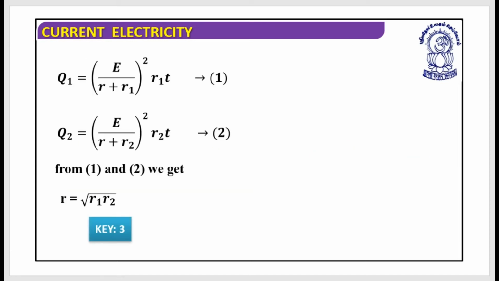So how could I do this? Let's have a look. I can be written as E divided by R plus R1, and in the second case I is equal to E divided by R plus R2. So Q1 is equal to E divided by R plus R1, whole square, multiplied by R1 t, and Q2 is equal to E divided by R plus R2, whole square, into R2 into t.